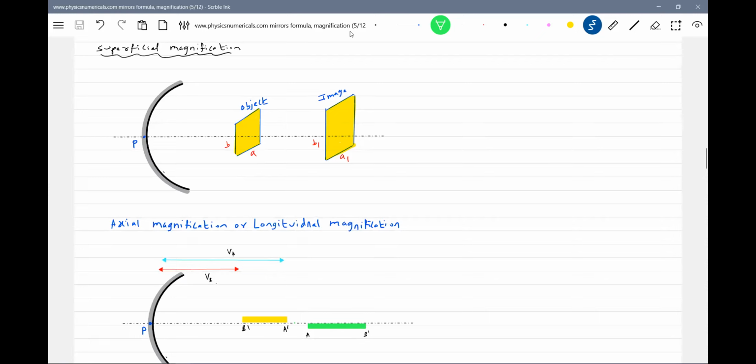So what do you mean by superficial magnification? Where an object will be a small surface, and the corresponding image will be formed.